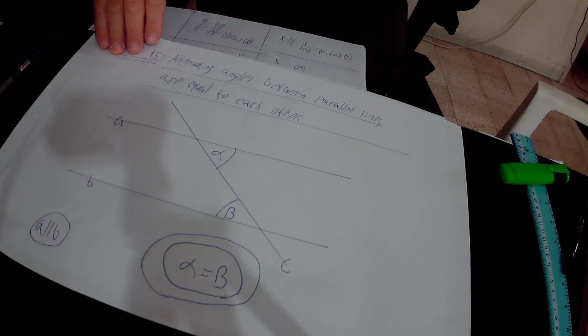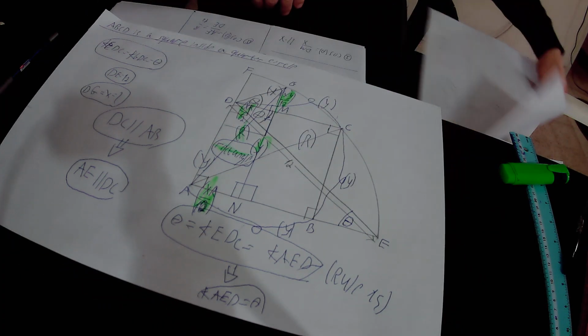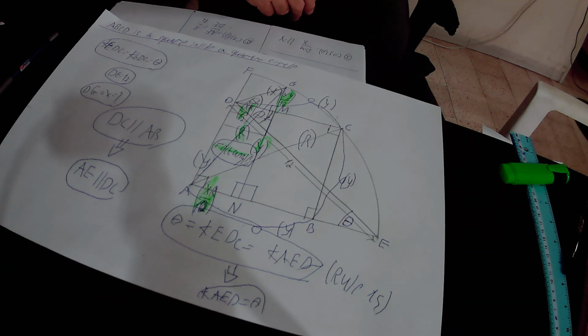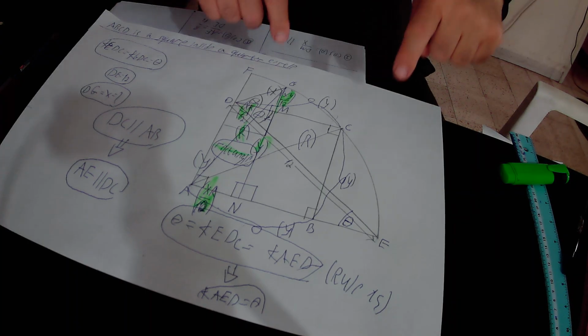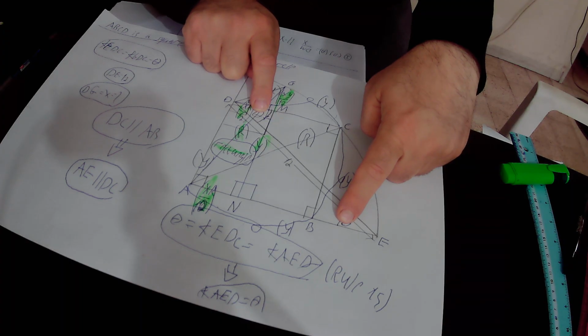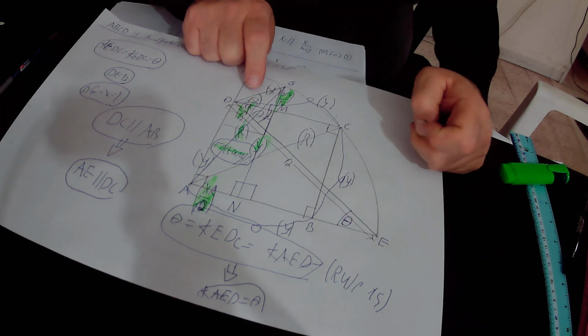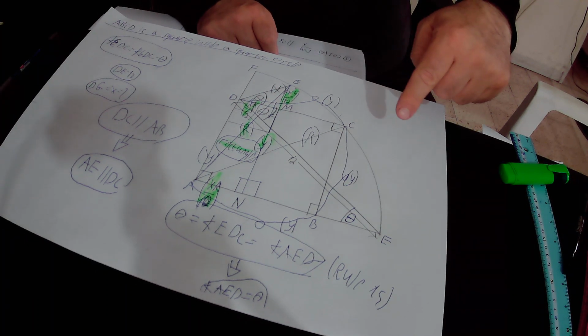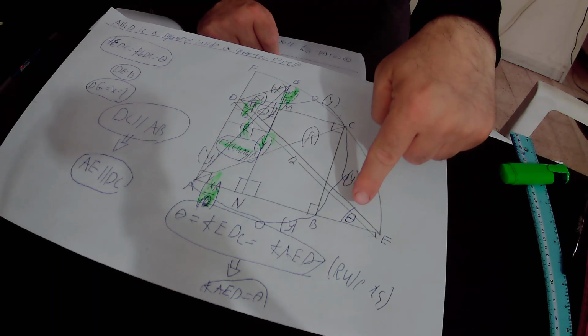We can actually implement rule 15 in our drawing. Why? Because in our drawing we have those two angles that are defined as alternating angles. This is angle EDC and this is angle AED.